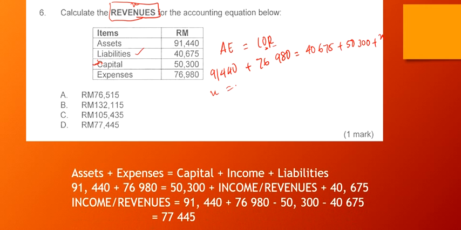So you will get B. Okay, inilah example soalan final. So yang you all kena ingat ialah equation ni, LR or asset equal to liability plus owner's equity.